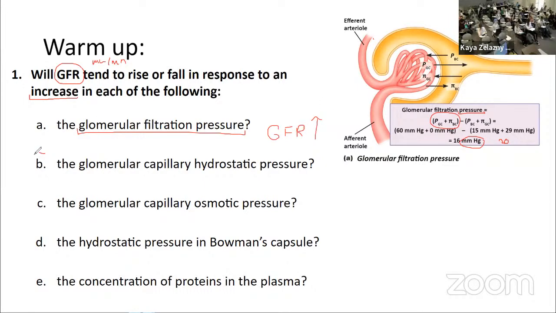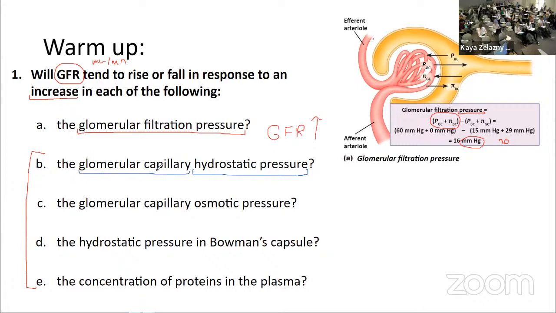Okay. So these next 4 factors all have to do with that equation here, those Starling's forces affecting our glomerular filtration pressure. We could keep the circle, so I'll just pick a different color. Okay. So first, we're going to think about the hydrostatic pressure of the glomerular capillary.